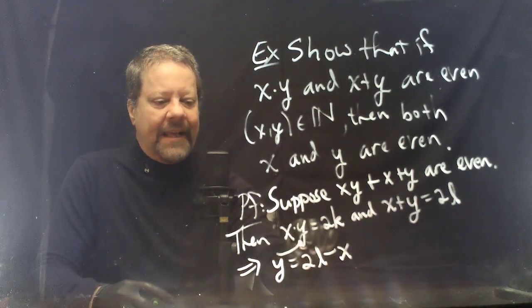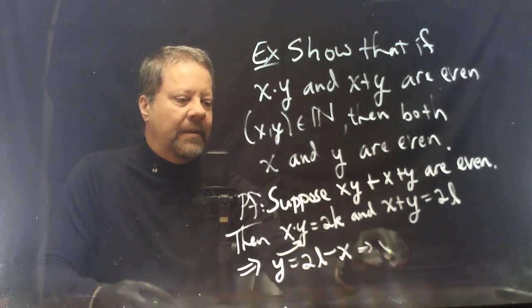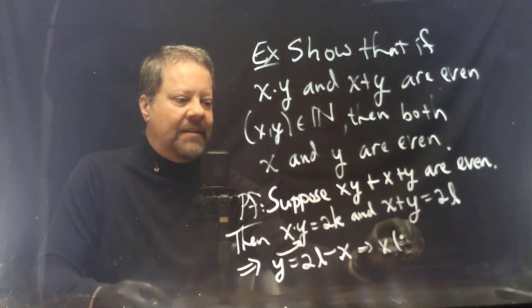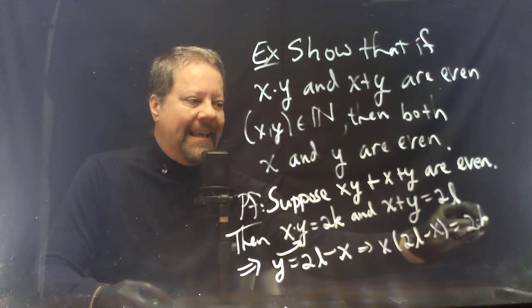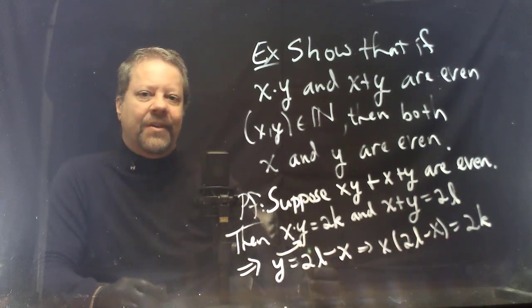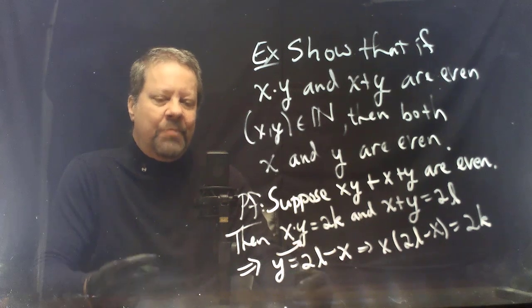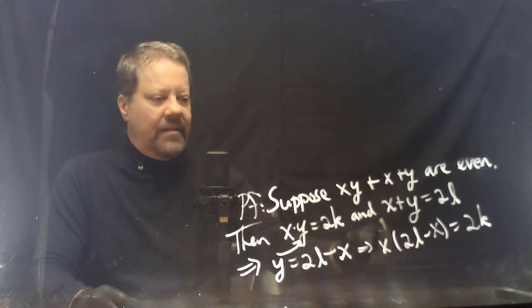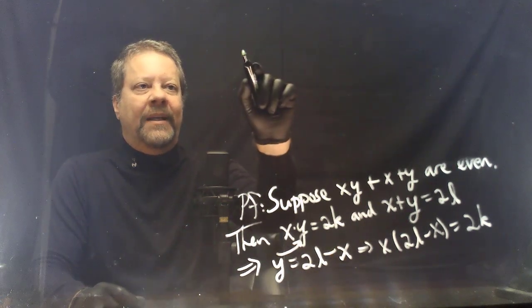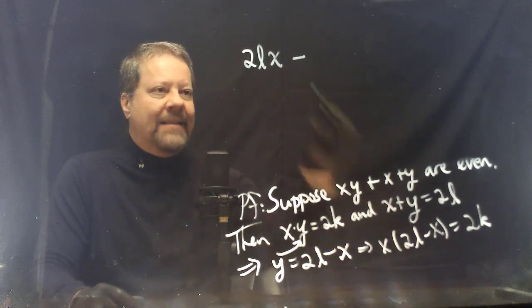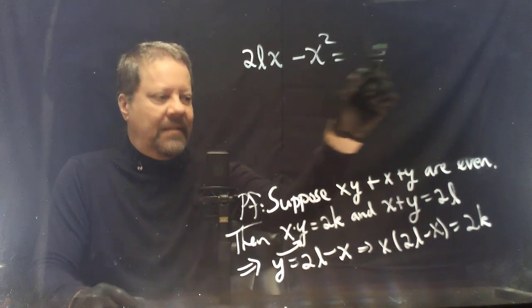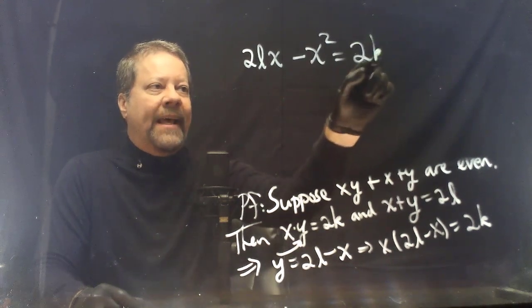We'll substitute that in up here. We know that x times 2l minus x will be 2k. Now we just need to solve this equation for x and prove that x is even. Distributing x, we get 2lx minus x squared equals 2k.